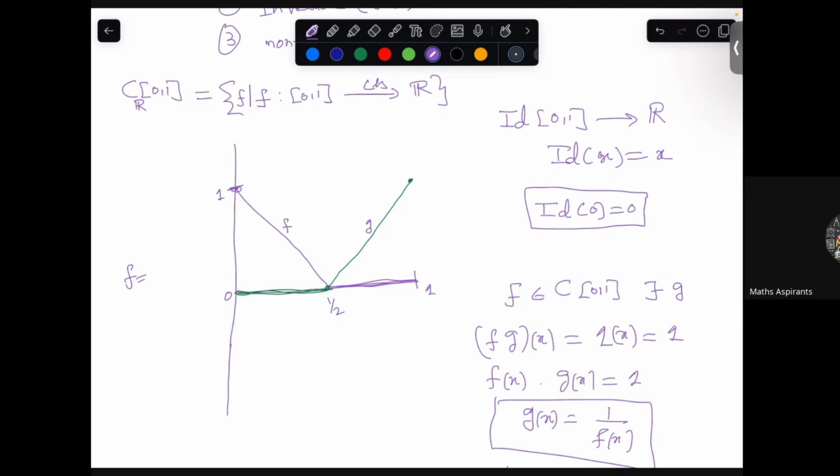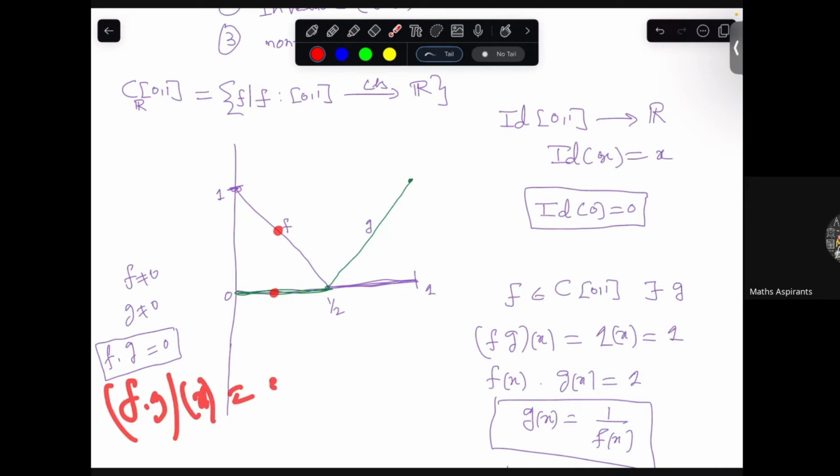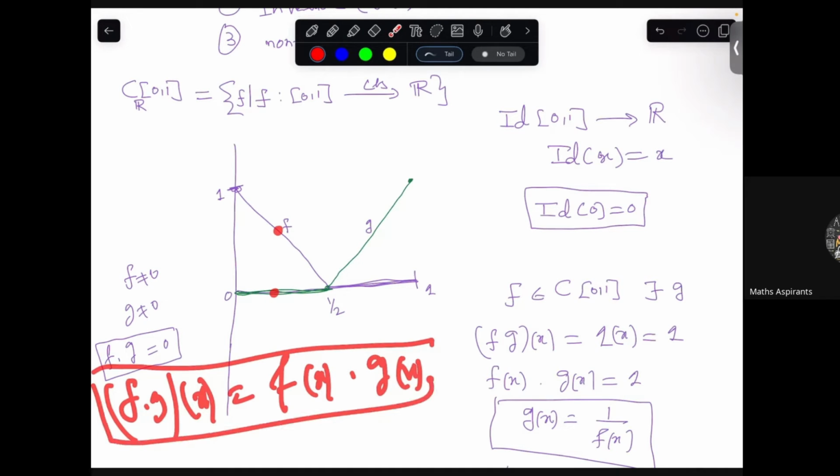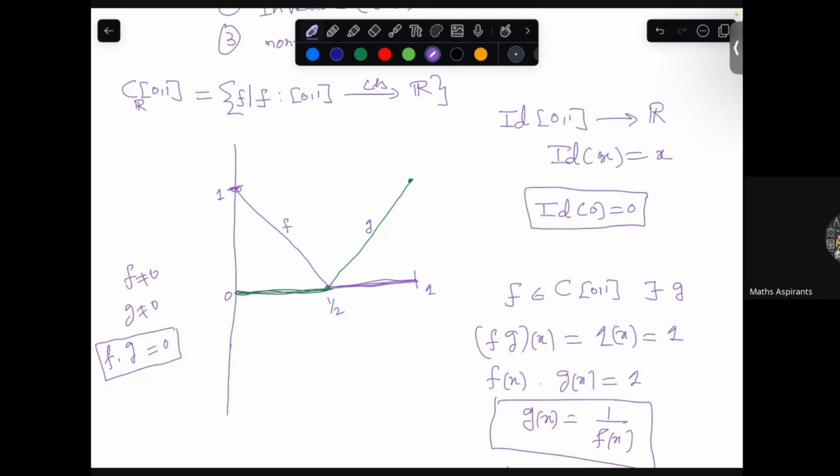Here f is not equal to 0 and g is not equal to 0, but f dot g is equal to 0. If you take a point here, what is f dot g? F dot g of x is nothing but f of x into g of x. To show something is identically zero, I want to show that at each and every point it is zero.